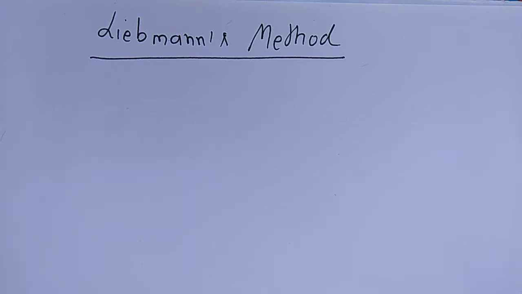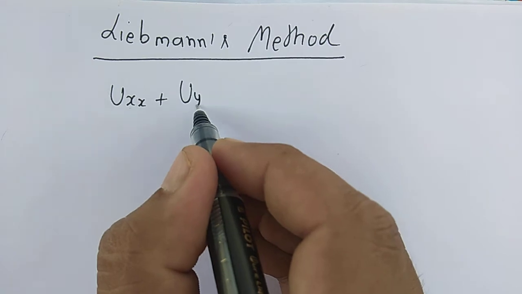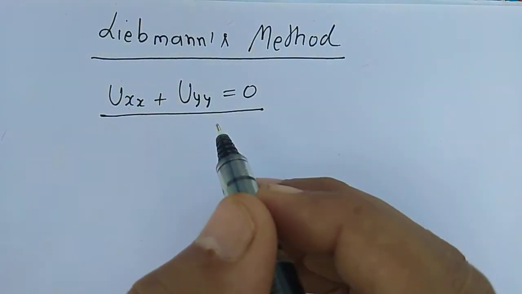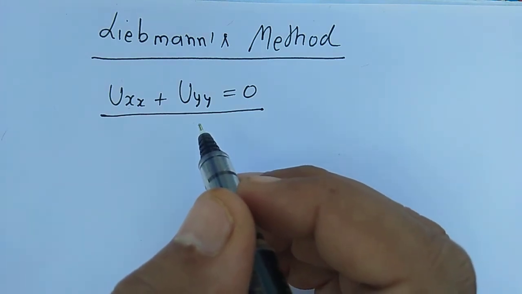In this video I am going to explain the Liebmann method. Actually, this method is also known as the standard 5-point formula or diagonal 5-point formula. If we have the Laplace equation uxx plus uyy equal to 0, and if you use the finite difference scheme, actually please refer to my previous video.